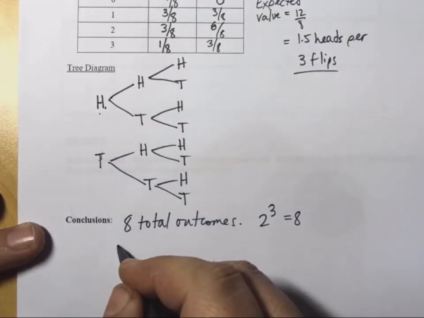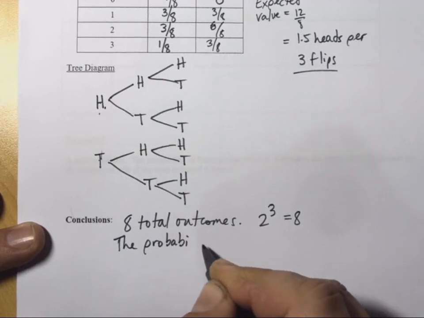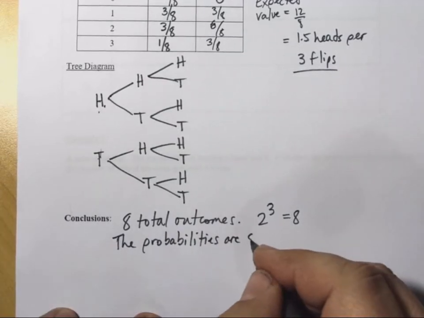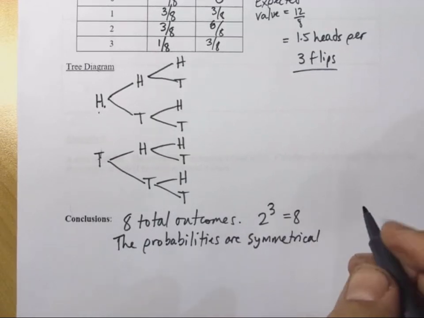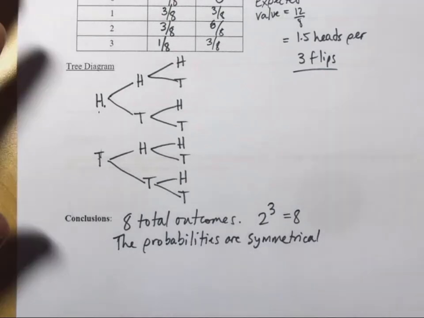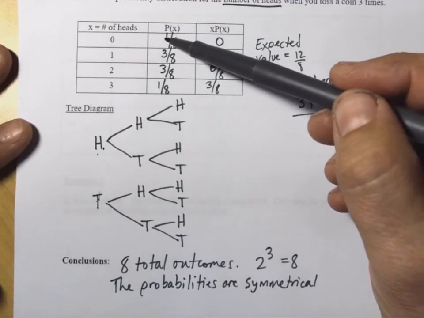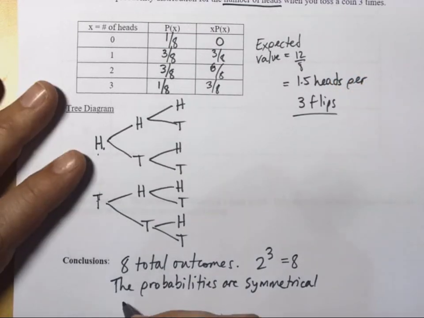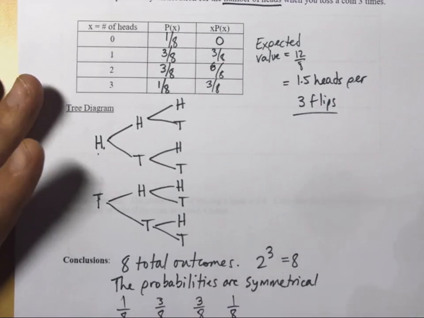Another conclusion is, it looks to me like the probabilities are symmetrical. Very symmetrical. In fact, so symmetrical that when I look at these numerators for the probabilities, 1, 3, 3, 1, you'll see a very important pattern there. 1 in 8, 3 in 8, 3 in 8, 1 in 8.